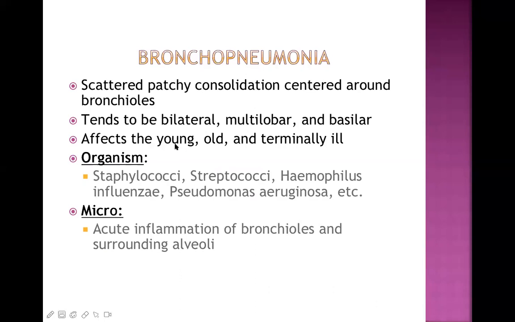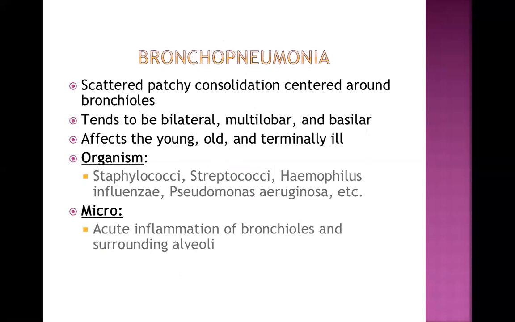It affects very young, very old, and terminally ill patients, because all of them have one common characteristic feature, and that is immunosuppression. So because of immunosuppression, this bronchopneumonia is more common in them.